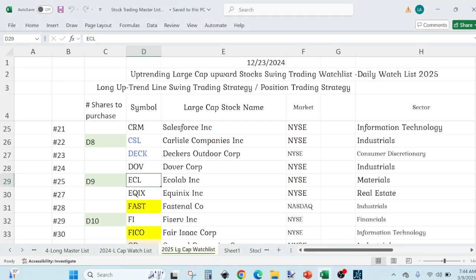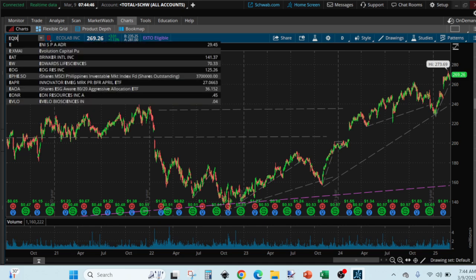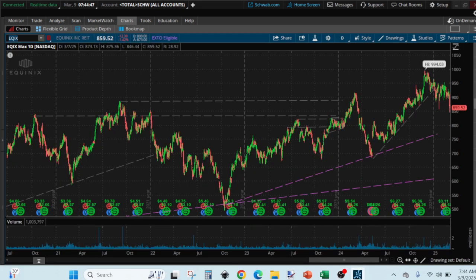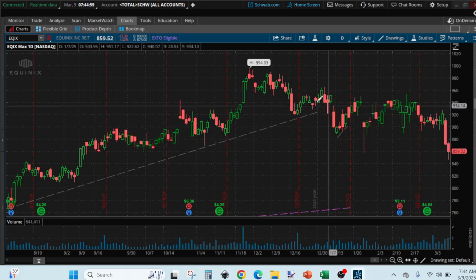The next one we are going to analyze is EQIX. EQIX, Friday the price went down, so we can see a red bar, and it is going down.